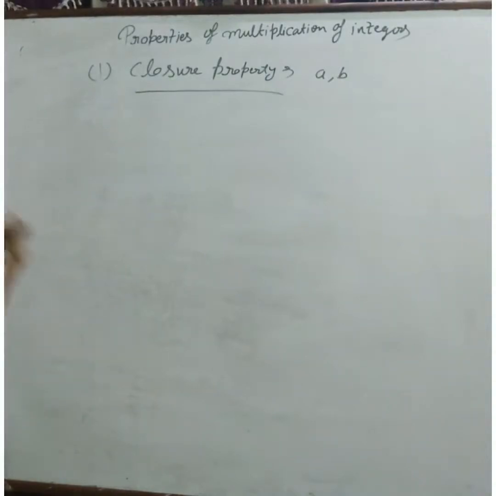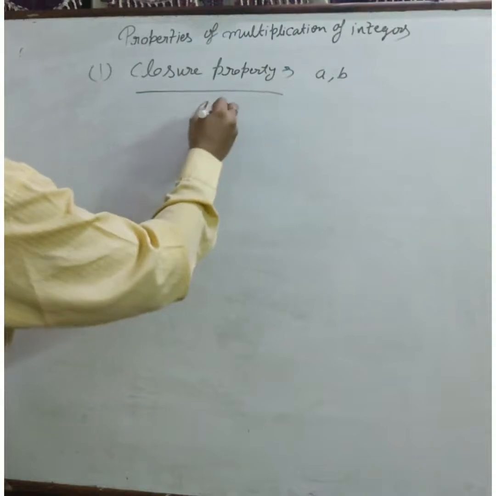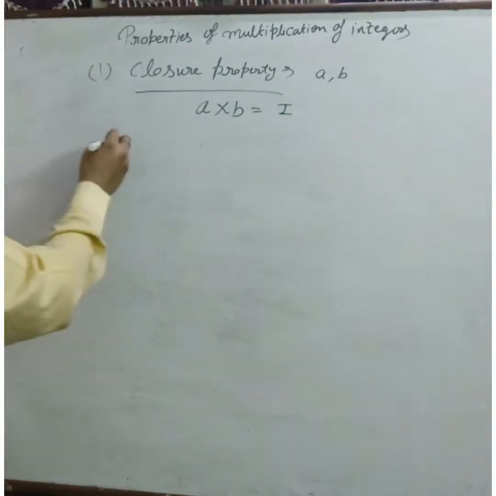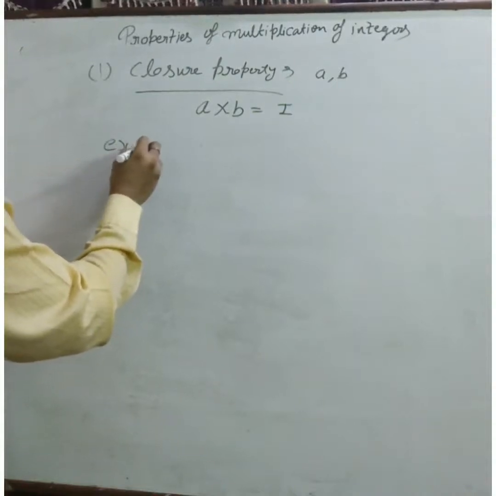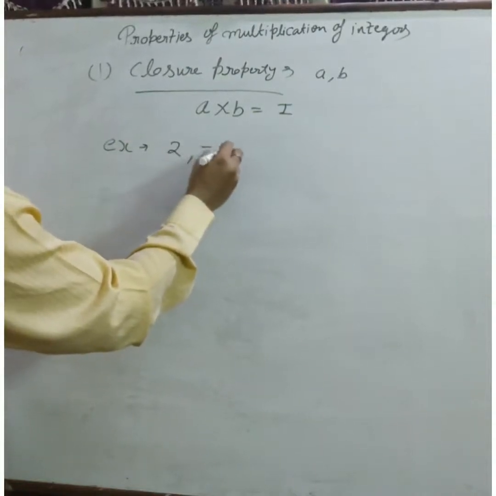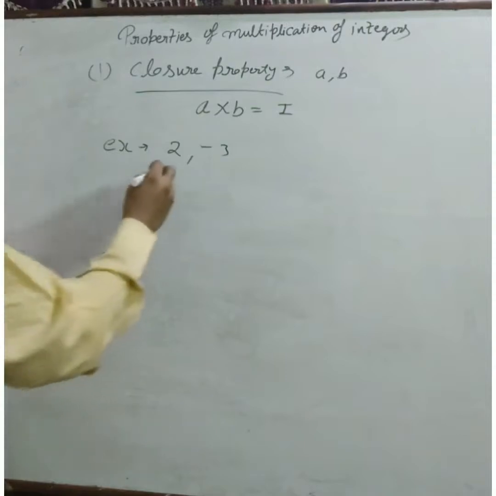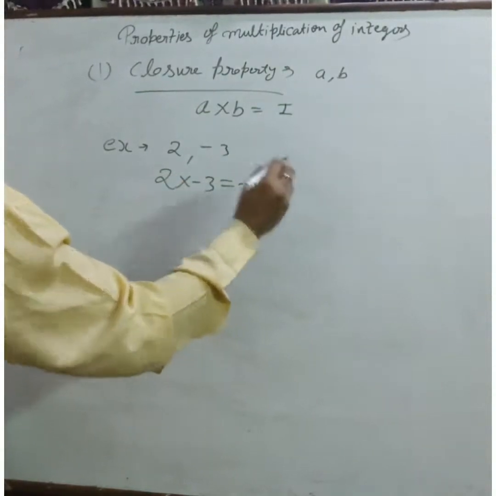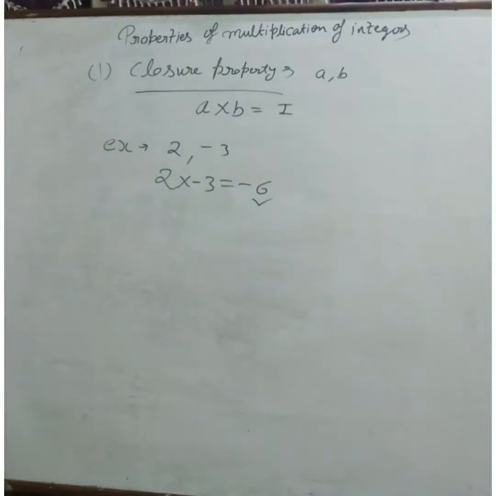Then the multiplication of two integers is always an integer: a multiply b is always an integer. For example, 2 and -3 are two integers. Then the multiplication of 2 into -3 is equal to -6, which is also an integer.